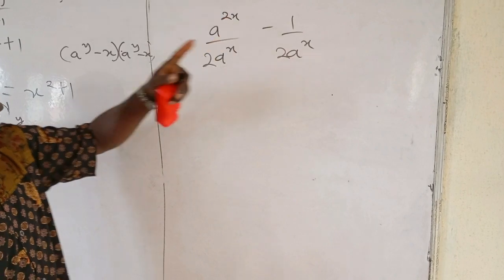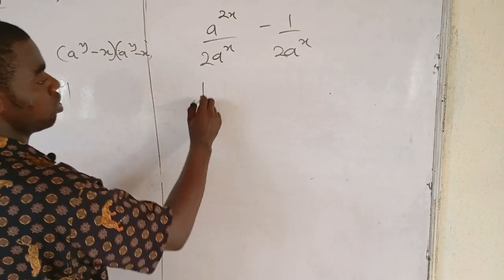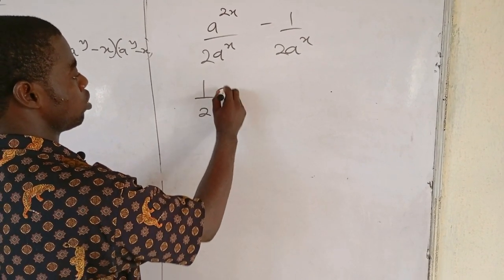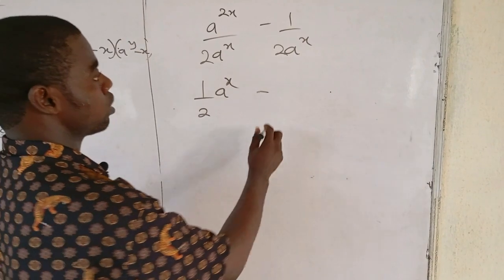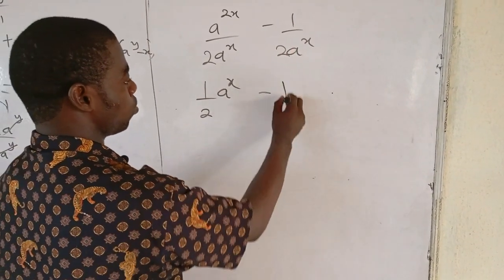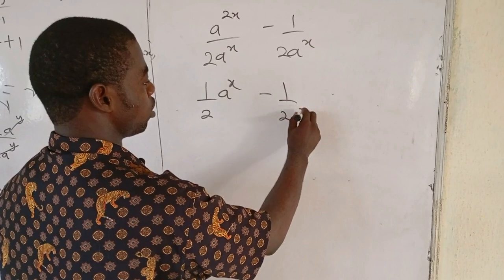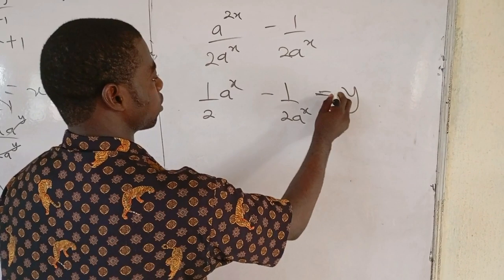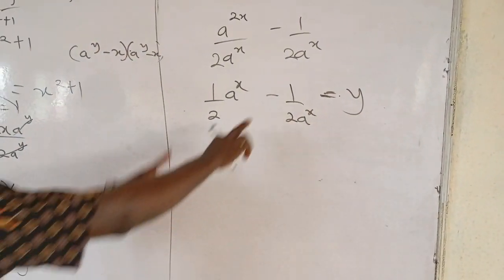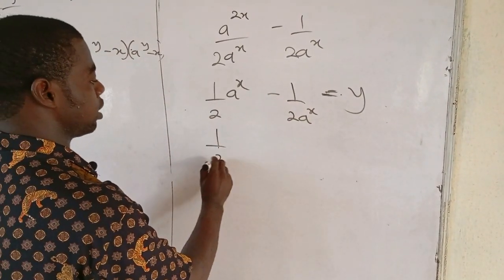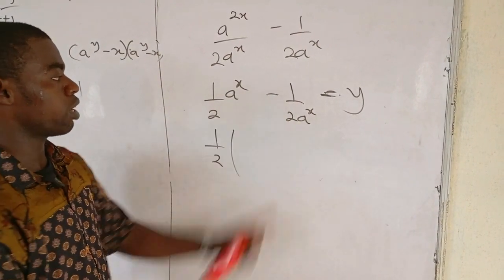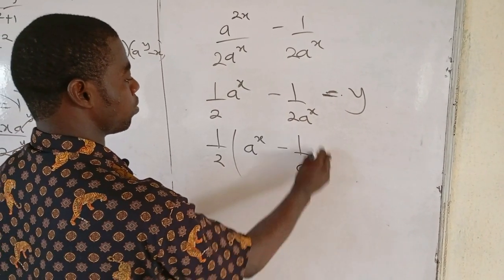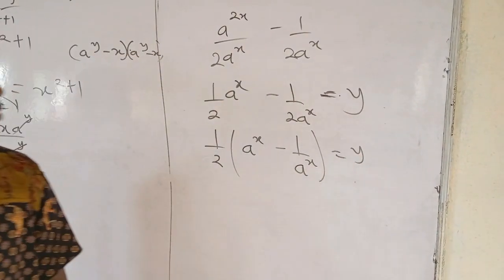So if we divide, we have 1 over 2 here, a raised to the power of x, minus 1 over 2 a raised to the power of x equal to y. 1 over 2 is common, so we can factorize it out, leaving us with a raised to the power of x minus 1 over a raised to the power of x equals y, right?